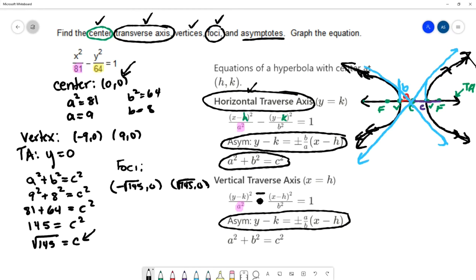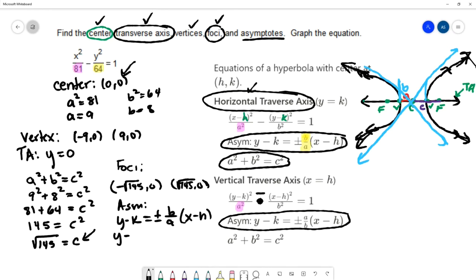So you can see in our equation for the asymptotes, b is used as the slope. B over A is the slope. That's our rise over run. So our asymptote is going to be y minus k equals plus and minus b over a times x minus h.